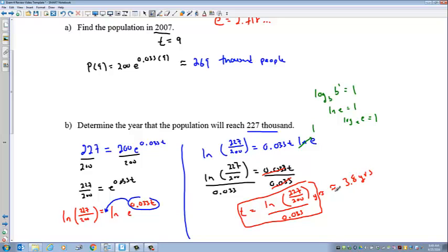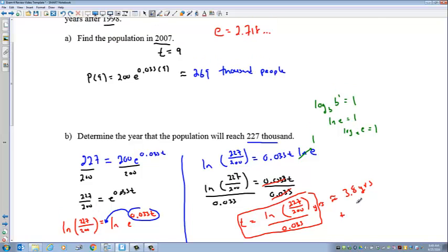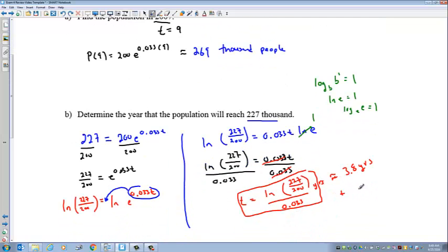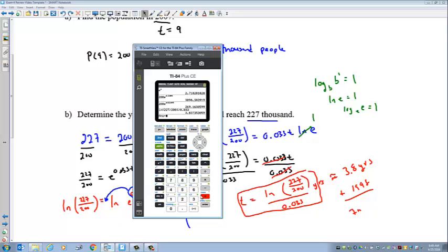After you found the exact answer, you can approximate it. And then it's really determined the year. So really you would add what? Well, we began in 1998. So if you add 1998 to this, it's really just plus 3 years.